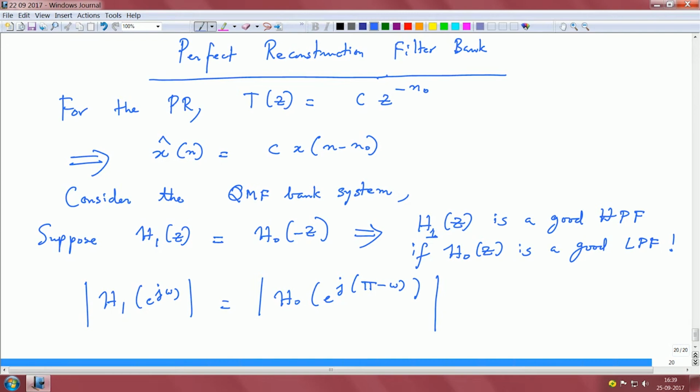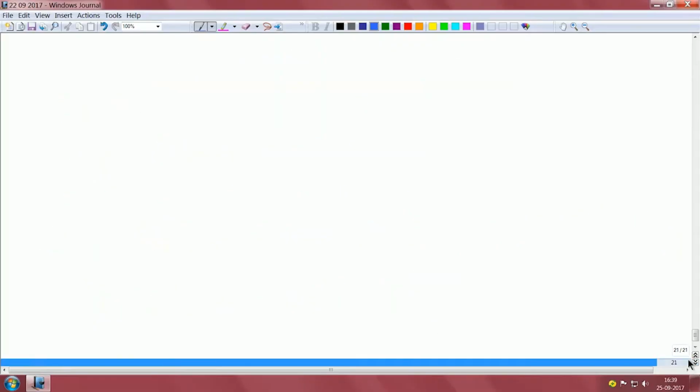Now, all the filters are completely specified, as we discussed earlier: if you have a filter H naught, then you get H1, F naught and F1.